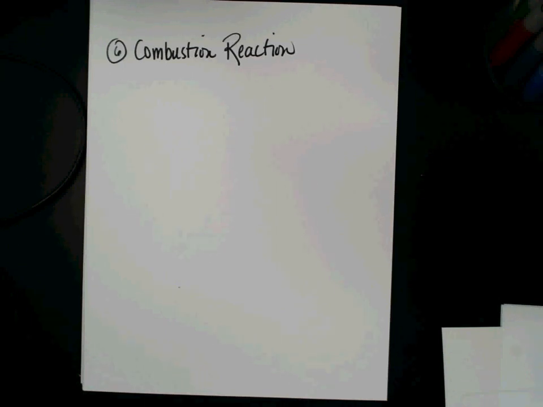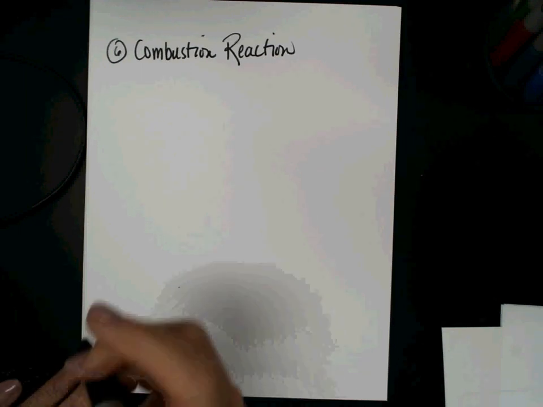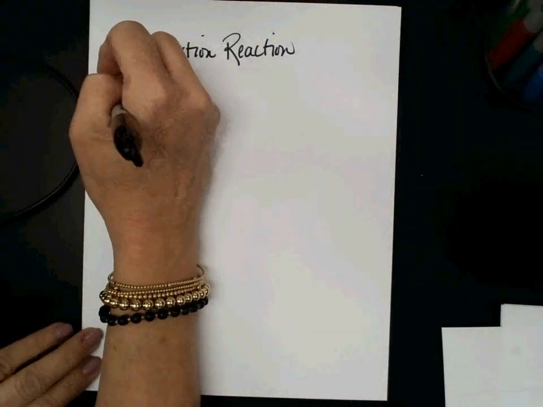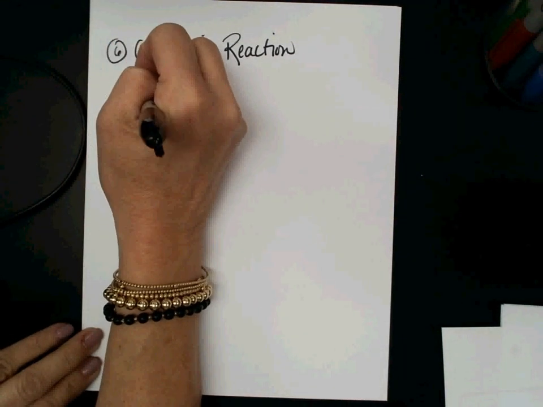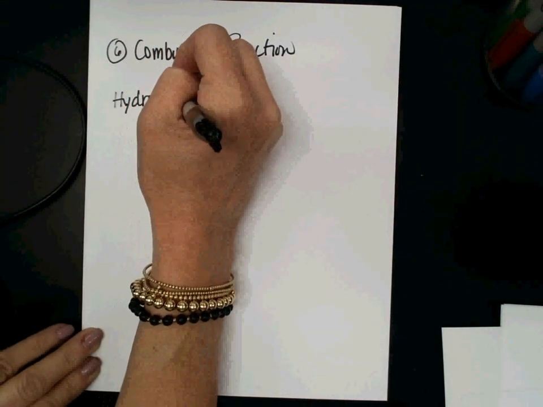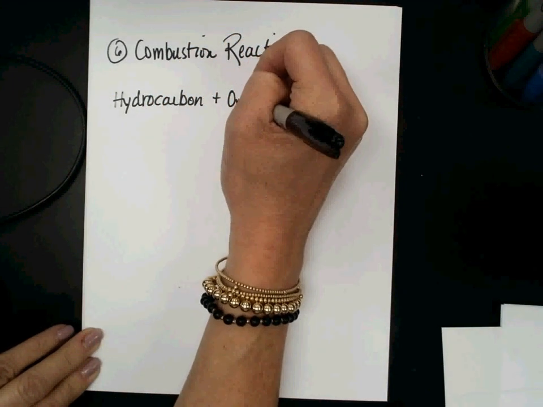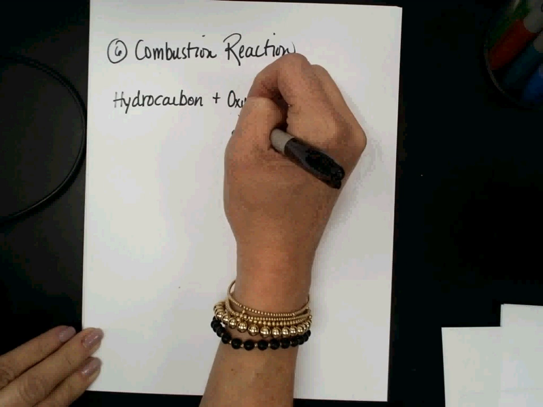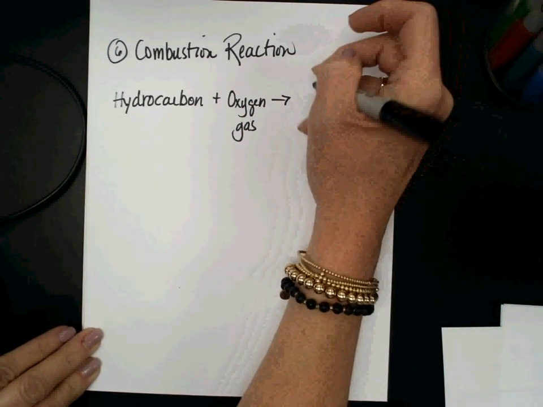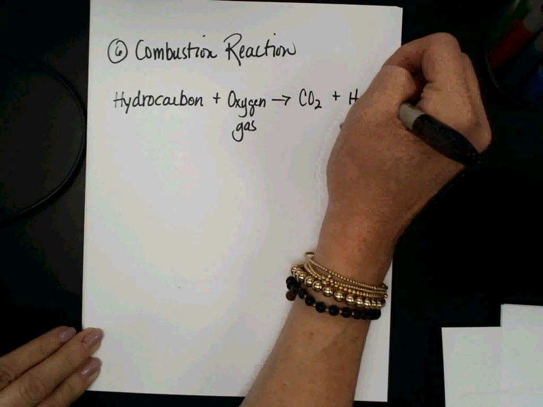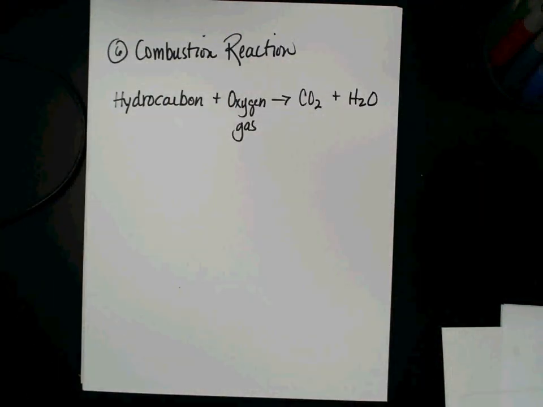It was the one where I said when you have these odd numbers on this side, lots of times you have to double things and then balance your oxygen. There's not an algebraic equation for this. You start with a hydrocarbon plus oxygen gas, and you get carbon dioxide and water, always. There's no other pattern for these.